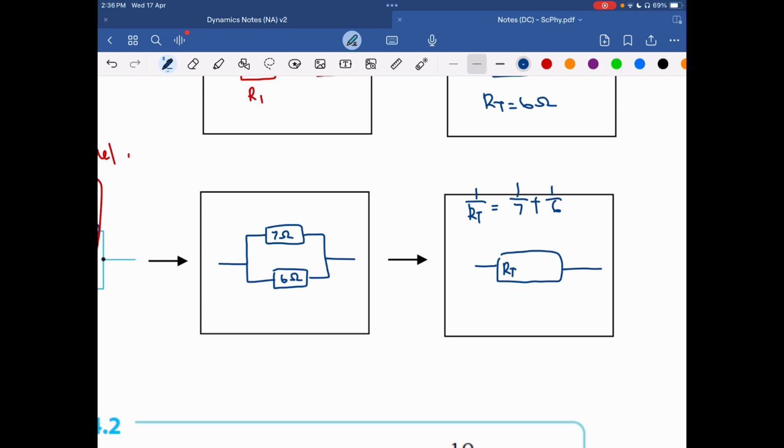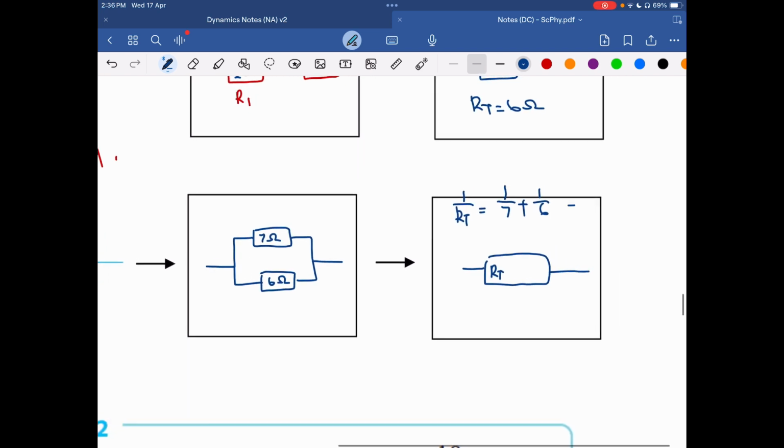Here's my calculator. Right, this will give me 13 over 42.